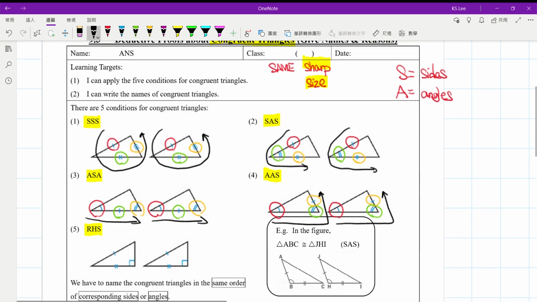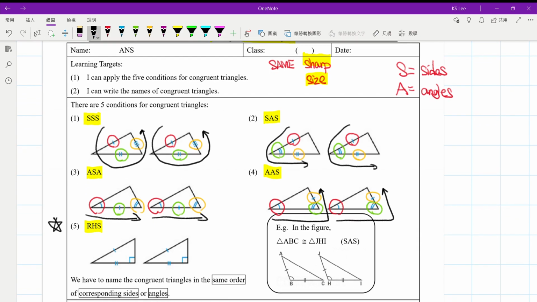How about the last one? The last one is a special case, RHS. You should remember R. What do we mean by R? R means right angle, and H means hypotenuse. For number 5, we don't need to have all the information in order.